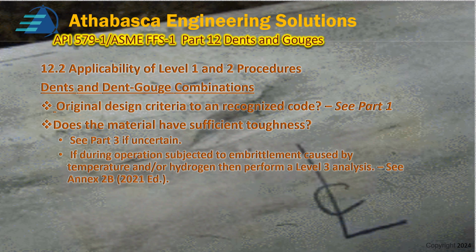And then it says here, if during operation the material is subject to embrittlement caused by temperature or hydrogen inclusions and that kind of thing, then you need to perform a level 3 analysis, which is a very detailed analysis. And that analysis is described in Annex 2B of the 2021 edition.